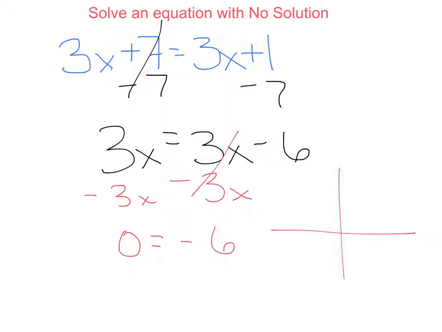If we were to graph this, this is what our graph would look like, which would be no solution because it does not cross anywhere on the x-axis.